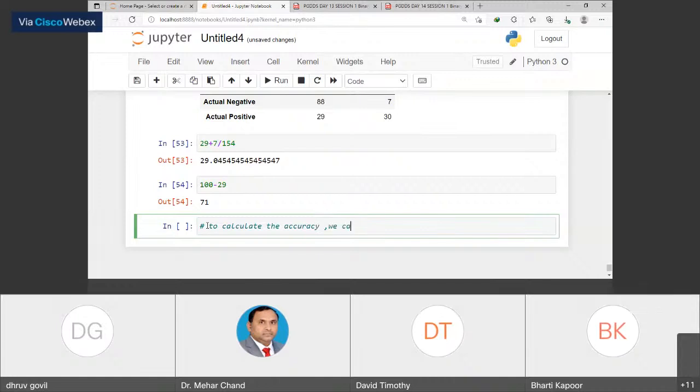So we can also calculate the accuracy. Just check it.